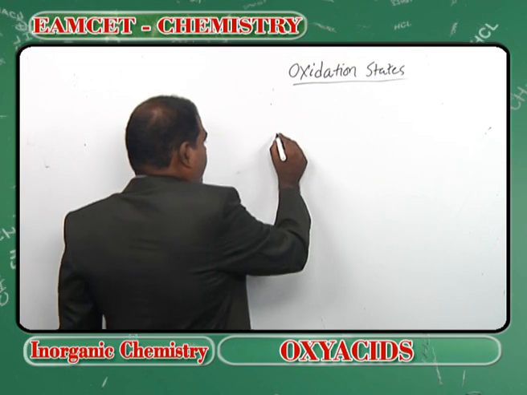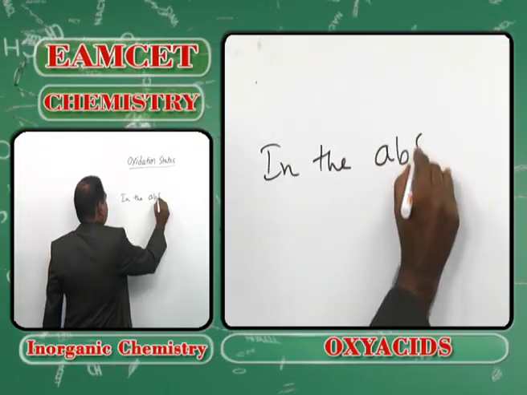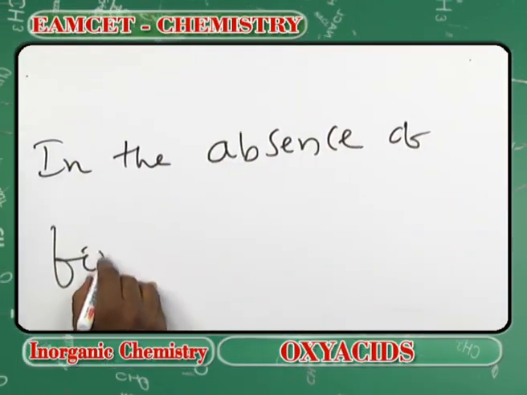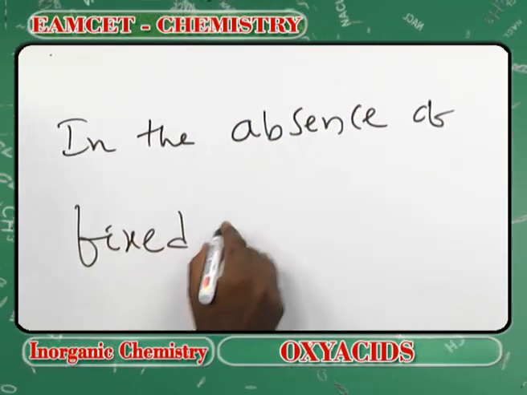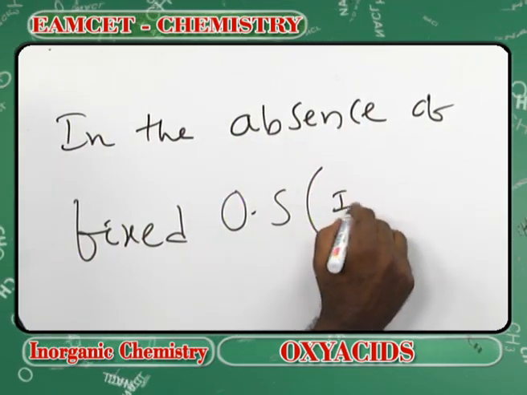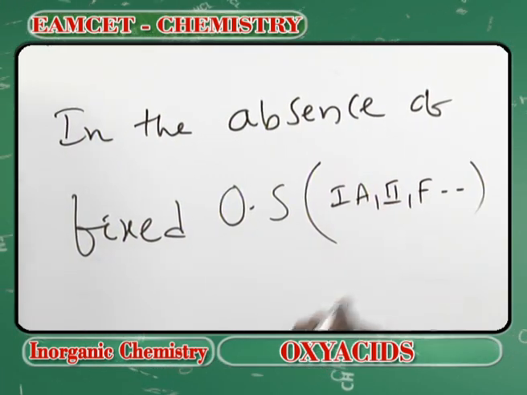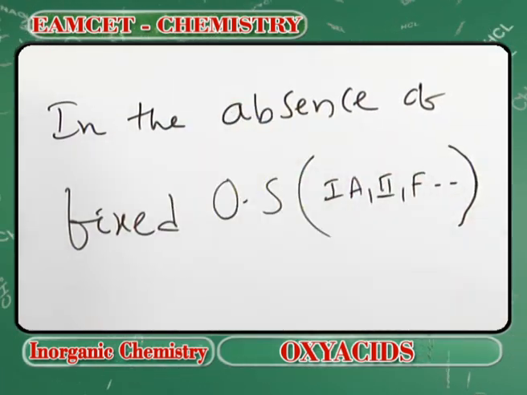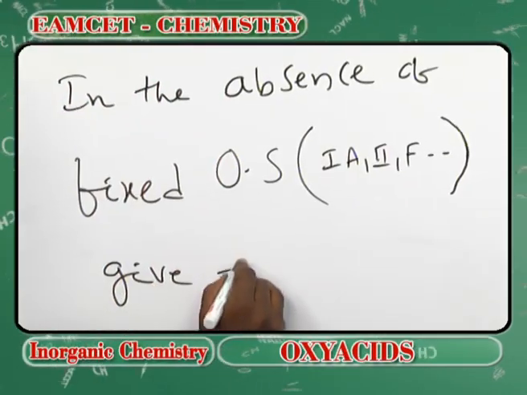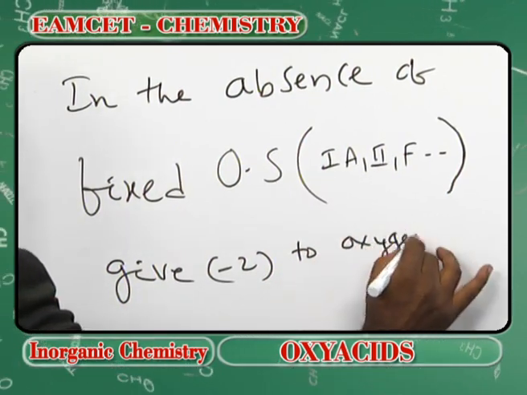So, in the absence of fixed oxidation state, who are they? Fixed oxidation states are 1A, 2A, fluorine and a few others. In the absence of fixed oxidation states, you try and give minus 2 to oxygen.